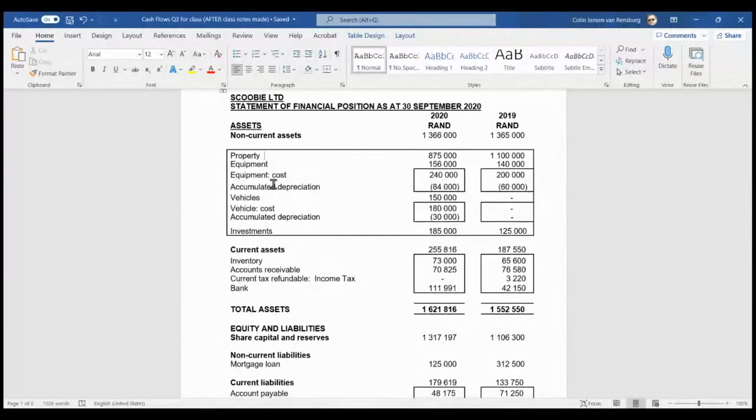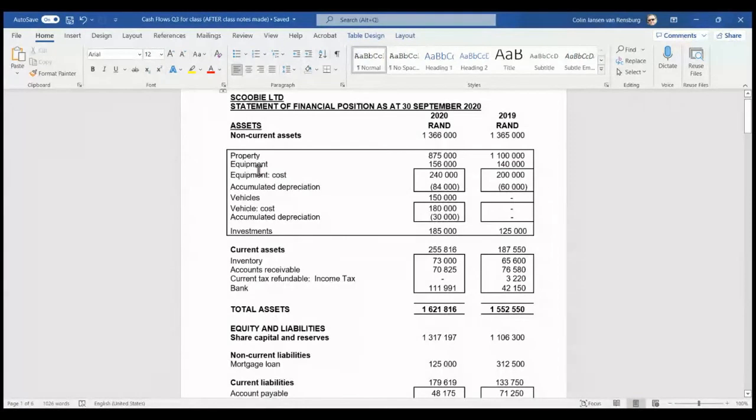But we'll have to reconstruct them at a future point in any case. But at least now we don't have to do it yet. Here we've got the accumulated depreciation on equipment and on vehicles given to us as separate items. So we can simply use the increase or decrease to calculate what the depreciation for the year was.